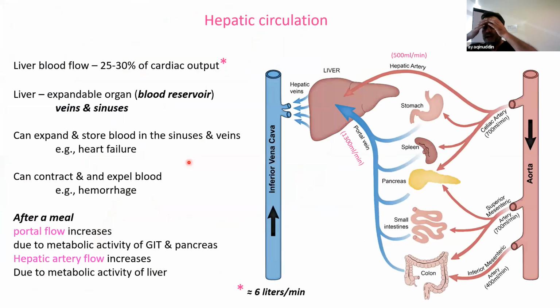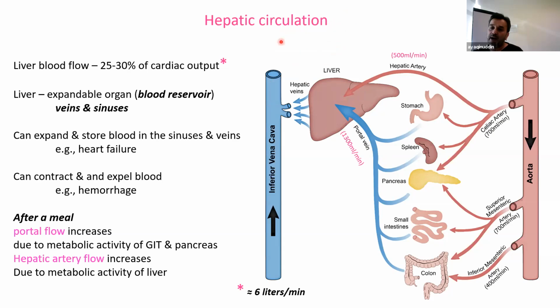Now we are coming to the hepatic circulation, and we know that the blood flow to the liver is around 25 to 30% of the cardiac output. The liver is an expandable organ which could serve as a reservoir for the blood which is coming from the veins and sinuses. The other thing you can easily think about is that the inferior vena cava is taking all the blood from the GI tract through the liver to the heart.